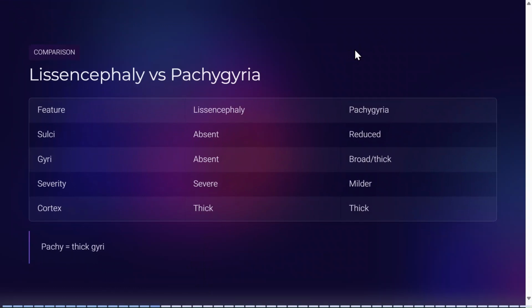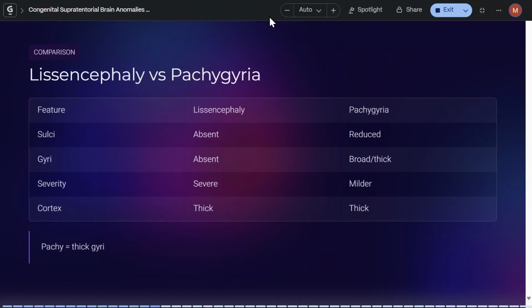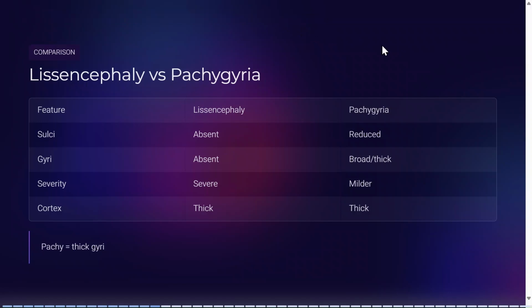Severity, as we can understand, when sulci and gyri are absent, that's severe, and if they are reduced, then that's a milder disease in pachygyria, and cortex will be thick in both of these. Since both these entities are part of the same spectrum, we can just know the difference in severity.